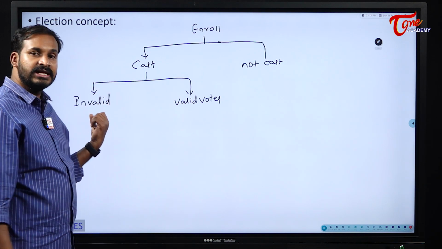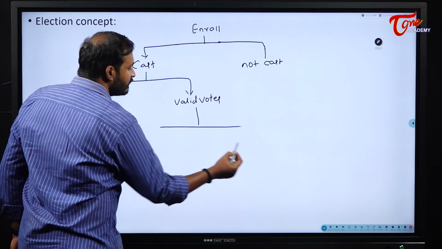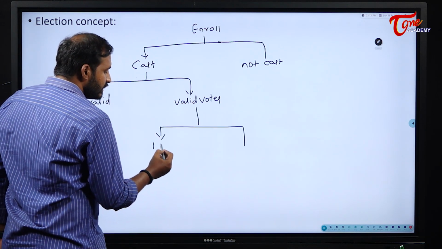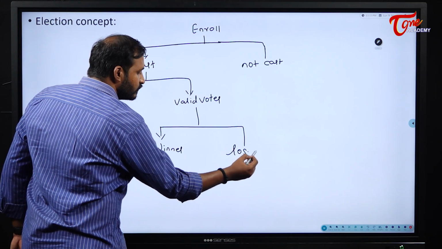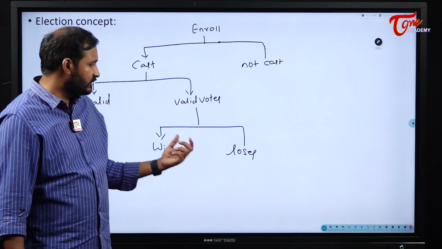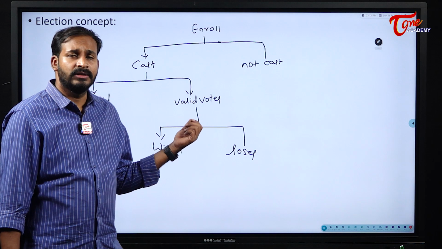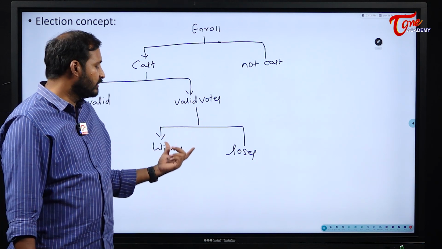We will not consider the invalid votes. So among the valid votes, we will have the winner and the loser, based on the amount of valid votes which the candidate got.